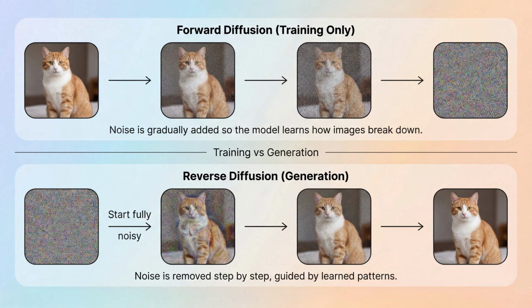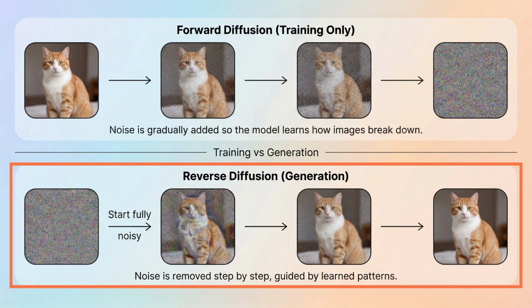This process teaches the model how images break down when noise is added. During generation, the process is reversed. We start from pure random noise. The model removes noise step by step to create an image. It is important to understand this clearly. During generation, we do not add noise like in training. We only remove noise using what the model learned before.